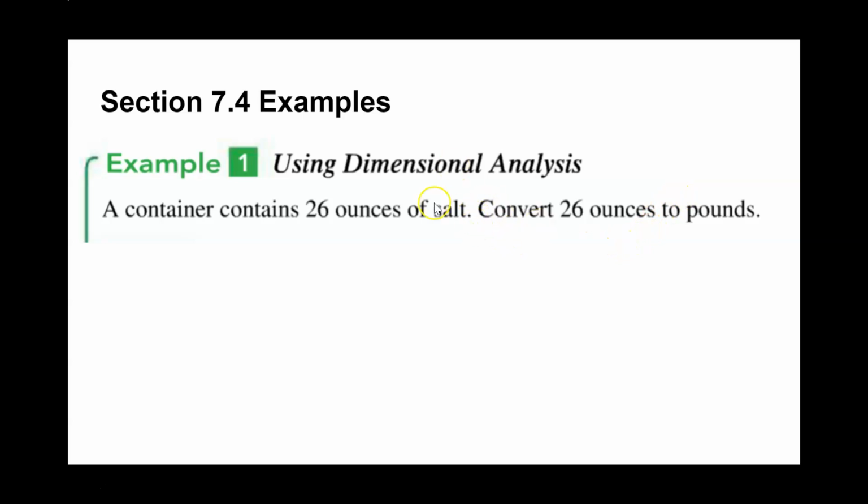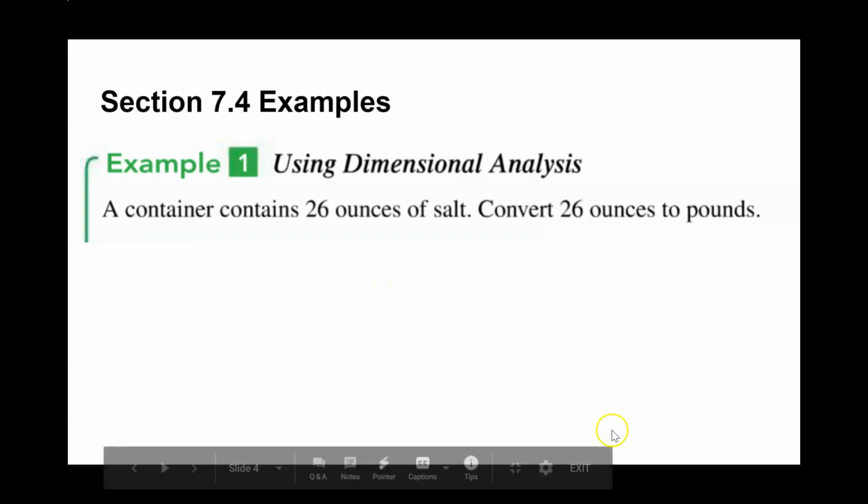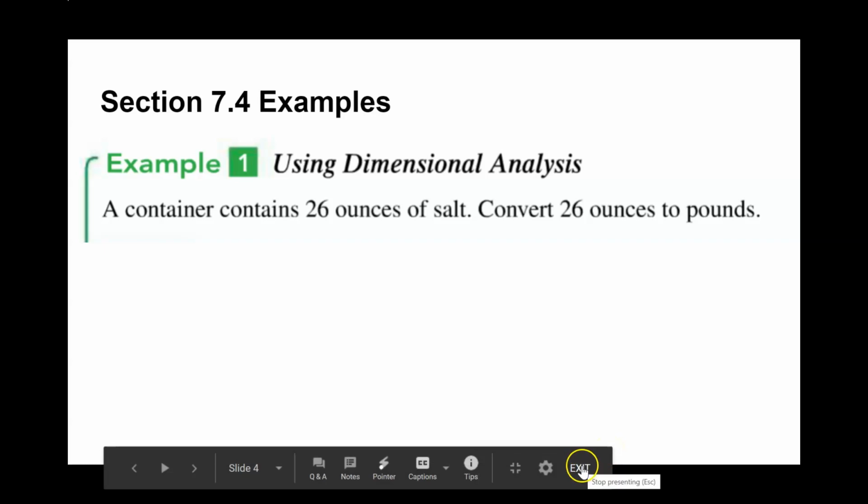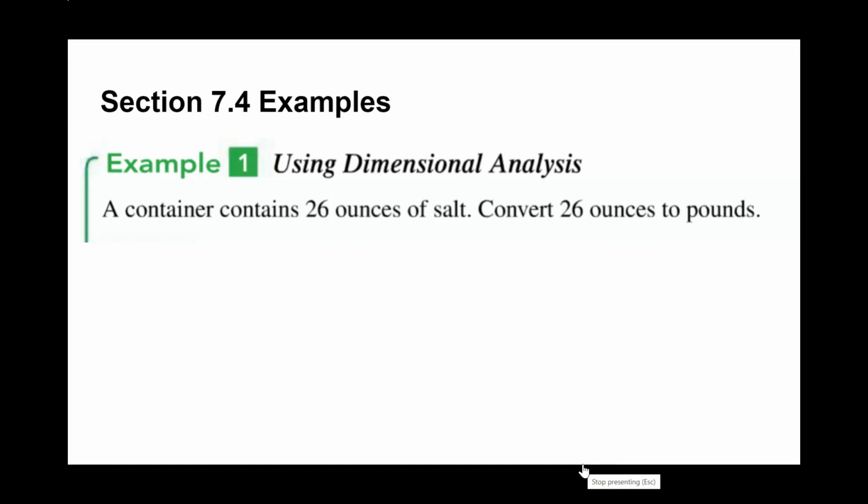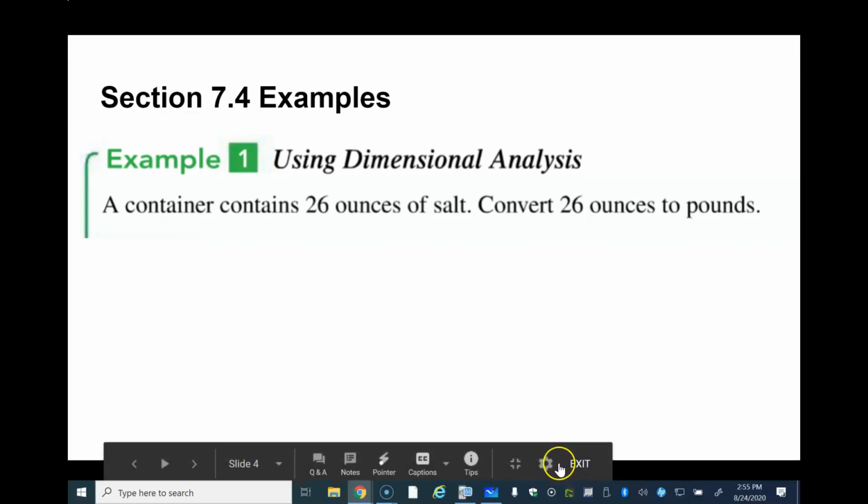So on a scrap sheet of paper, do the cross method or whatever method you choose, and solve how many pounds are in 26 ounces. So 1 pound equals 16 ounces. That's the conversion that was on the chart that everybody needs to know.